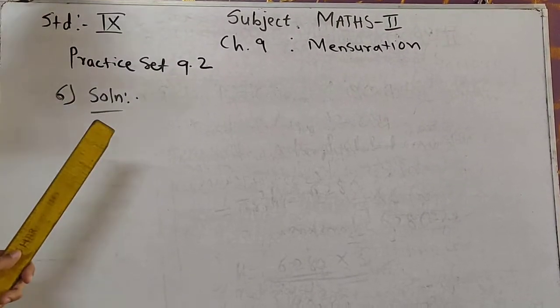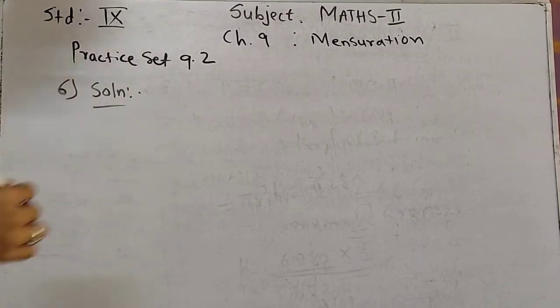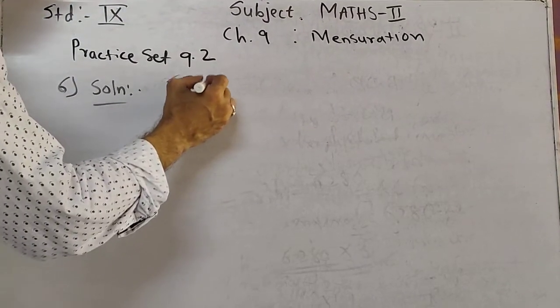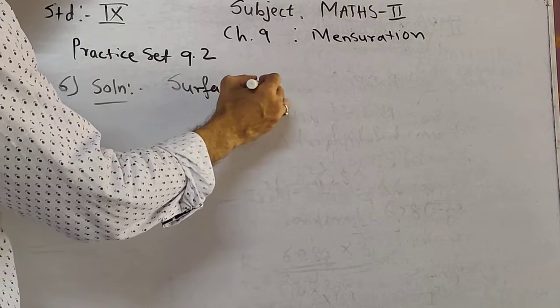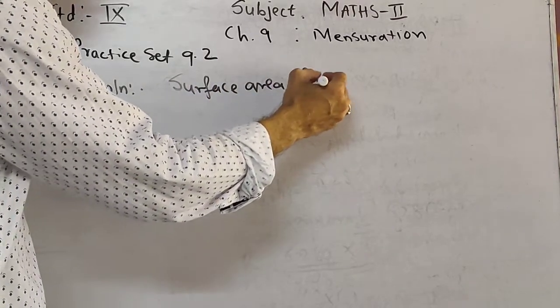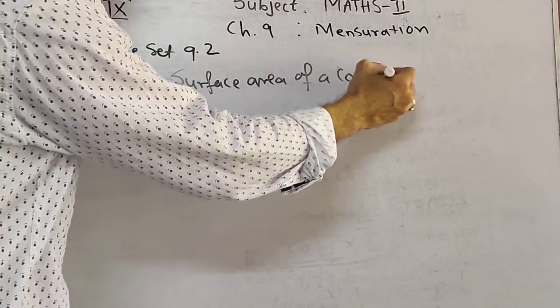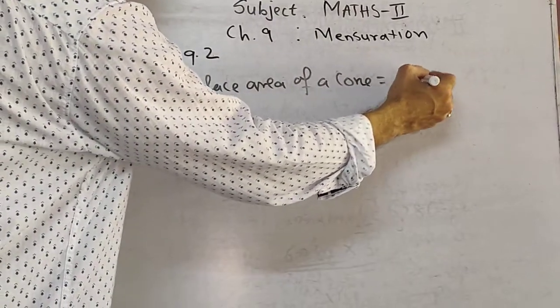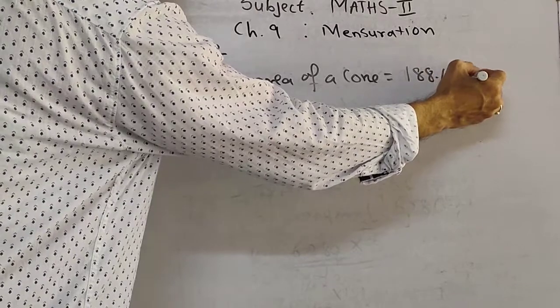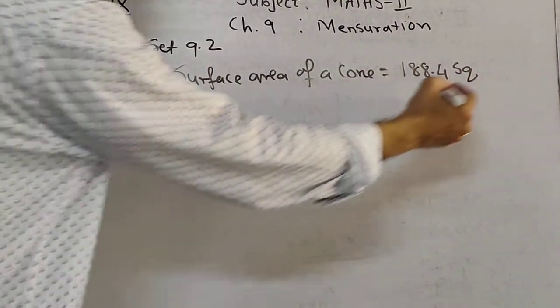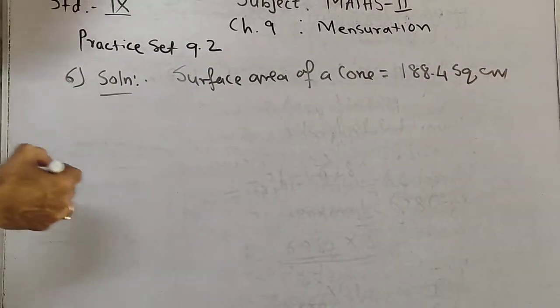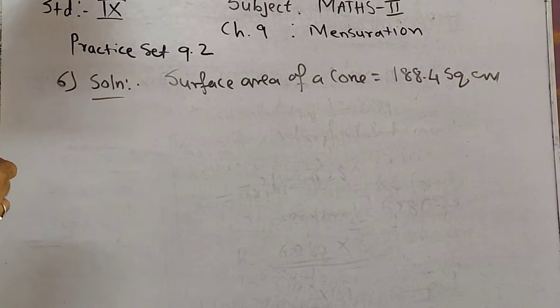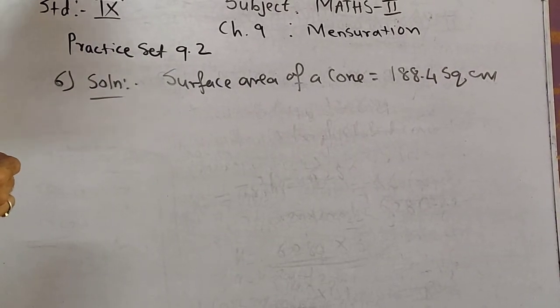Sum number 6: the curved surface area of a cone is 188.4 square centimeter.